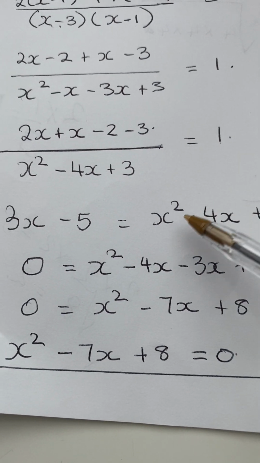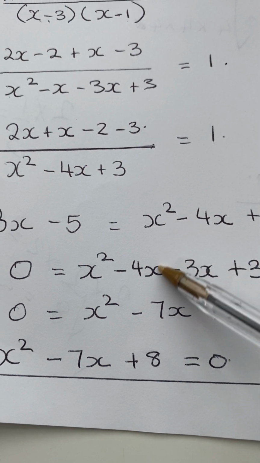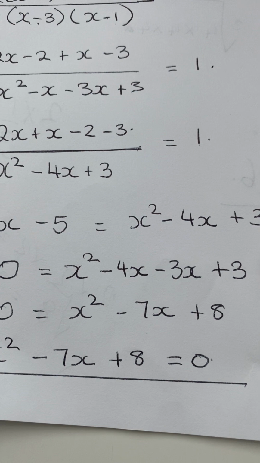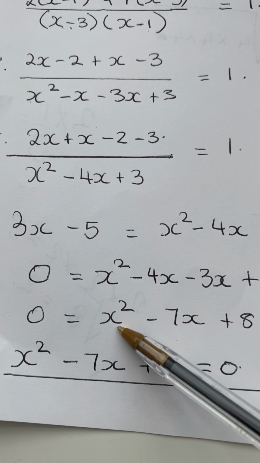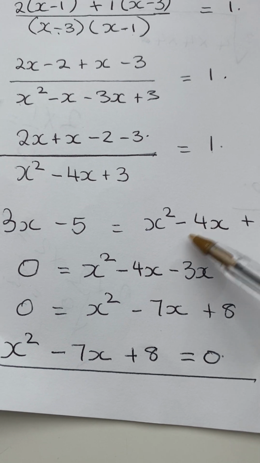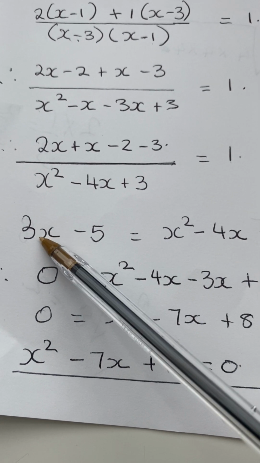Now we are going to try and bring the x squares together, the x's together, and the numbers together. So x squared is on its own. Now we have minus 4x. This is plus 3x.